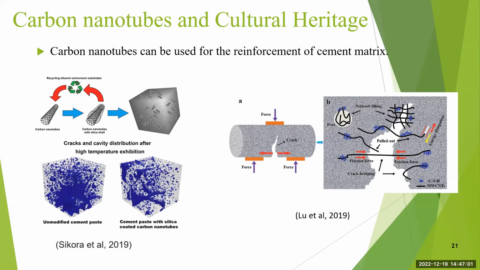Schematically, it shows how cement reinforced by carbon nanotubes sometimes acts like a glue. If it's in the polymer, it binds the polymer chains. If it's in the cement, it binds the cement particles together. So it hinders crack propagation.